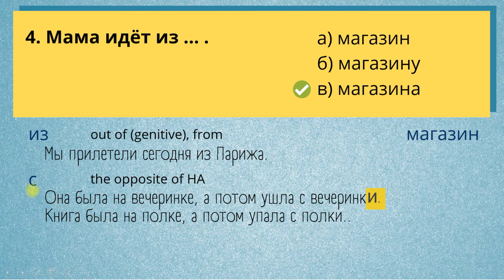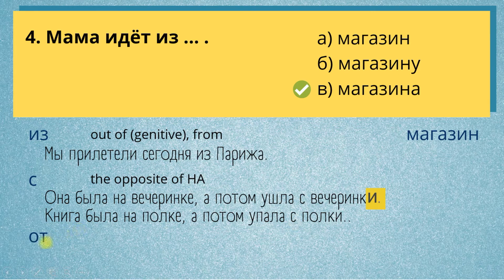So с you put all the time when you had на for the same situation, when the answer was to the question where. Где она была? На вечеринке. Где книга была? На полке. And then when they leave this place, out of this place, it would be с for both of them.